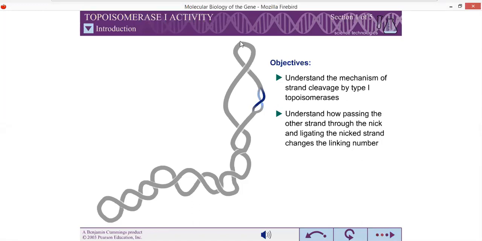We have to understand about the type 1 topoisomerases here. Sir, the slides are not visible properly. It would be visible to the majority of the students. So is it visible to you all or not?